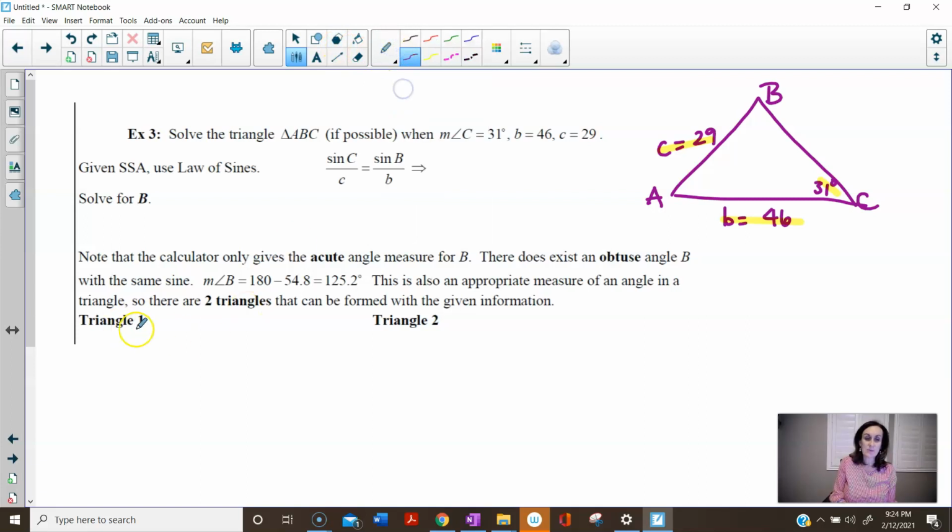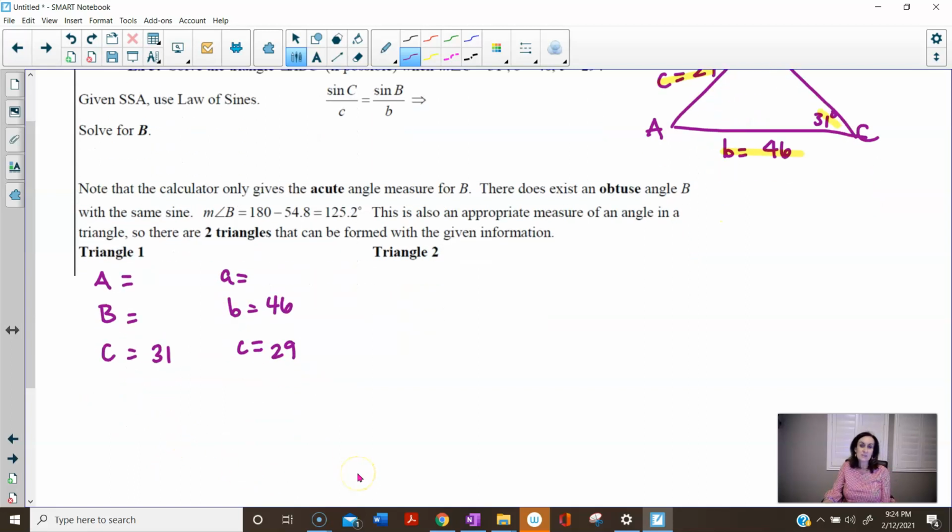So we're going to start with the first triangle. So the first triangle, you have angle A, angle B, angle C, and then side A, side B, and side C. And angle C is 31, side C is 29, and then side B is 46. So you can see I have 3 of the 4.